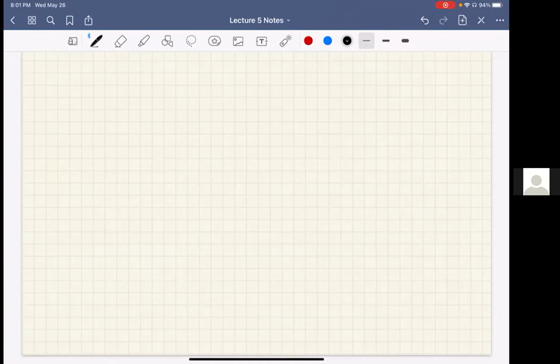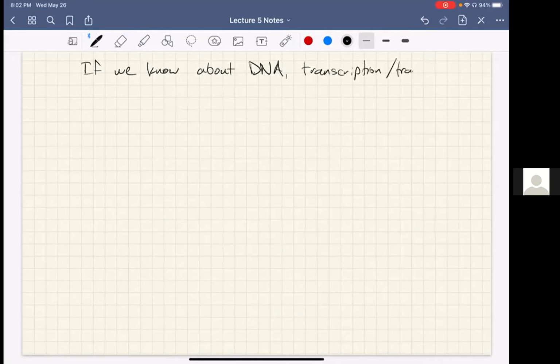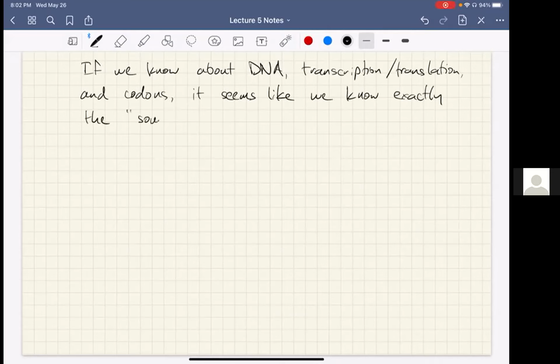So if we know about DNA, transcription and translation, and codons, it seems like we know exactly the source code for life.